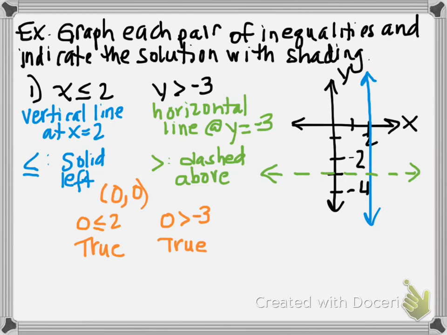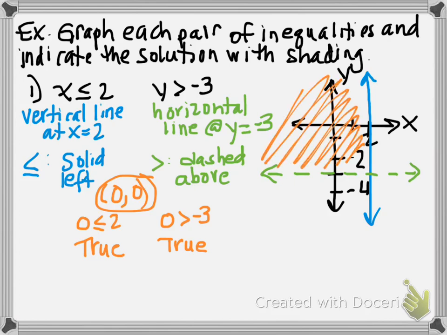So what that says is you need to make sure that you shade where 0, 0 is. So the solution to this system is the boundary lines starting from, and I'm going to put a little dot at that point, this point right there, up on the blue, left on the dashed green, and that area shaded.